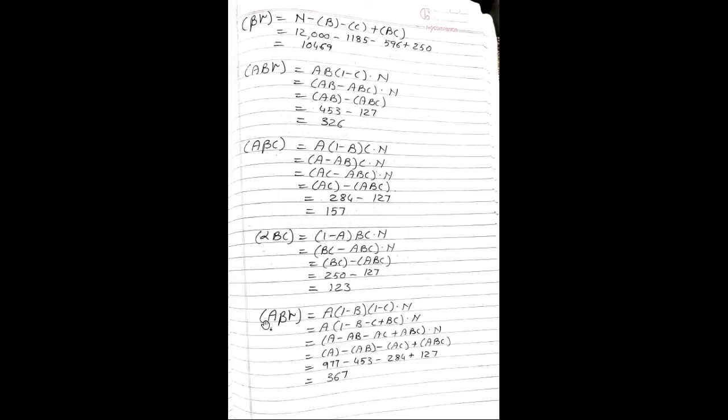Next value which we want is A beta gamma. A is positive. Beta can be written as 1 minus B. Gamma can be written as 1 minus C dot N. If you open the bracket 1 minus B and 1 minus C, the bracket becomes 1 minus B minus C plus BC dot N. Now multiply by A, it becomes A minus AB minus AC plus ABC dot N, which is nothing but frequency of class A minus frequency of class AB minus frequency of class AC plus frequency of class ABC.